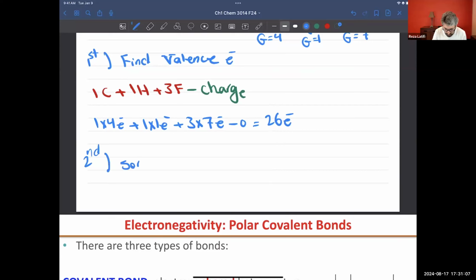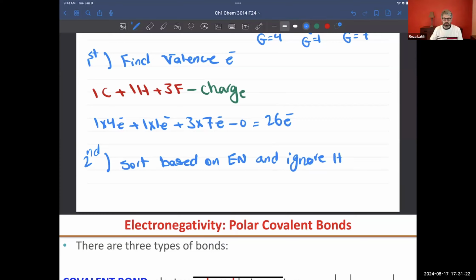Next, sort them based on electronegativity, and ignore hydrogen.